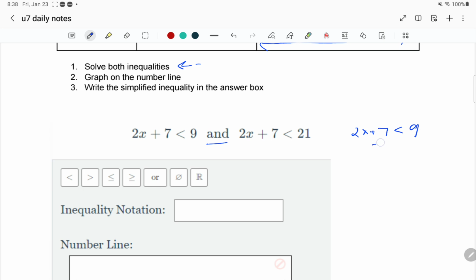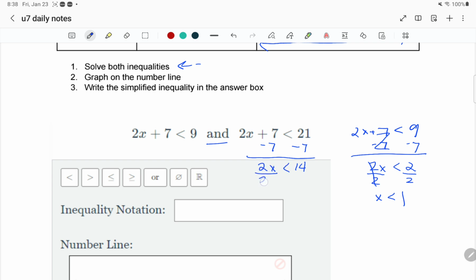I'm going to subtract 7 from both sides. Not 9, 7. 2x is less than 2. I'm going to divide by 2 on both sides. x is less than 1. So there's one of them. And then we're going to do it again. 21 minus 7 is 14. Divide by 2, divide by 2. x is less than 7.